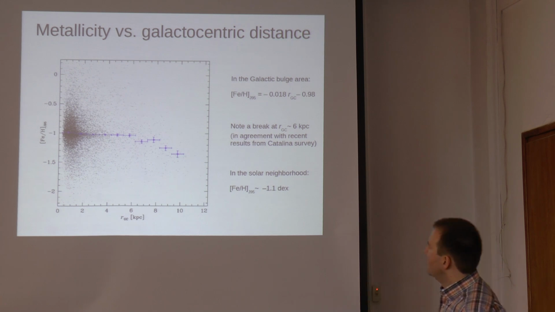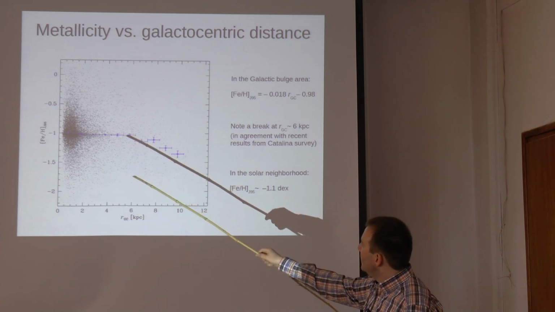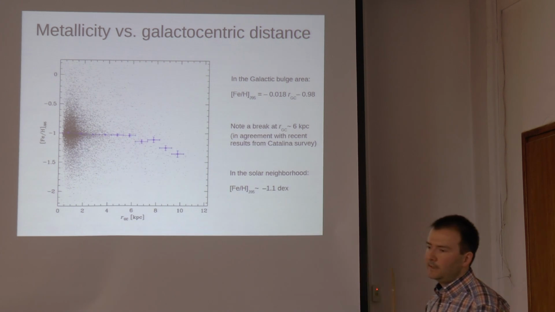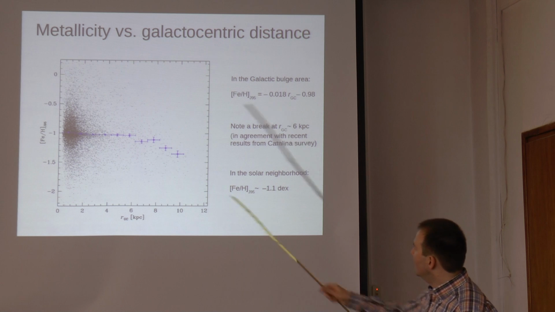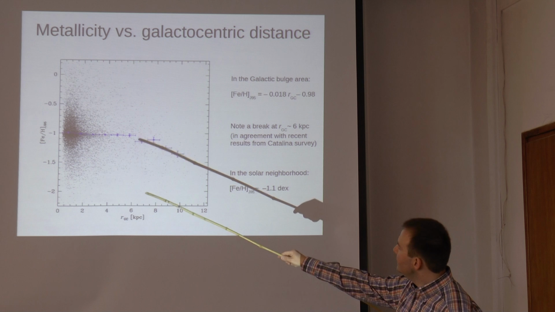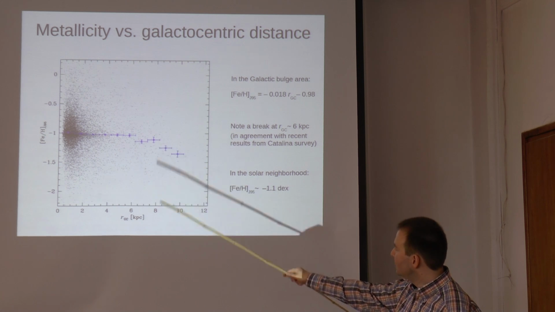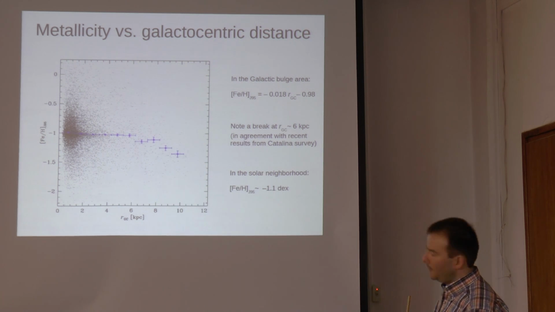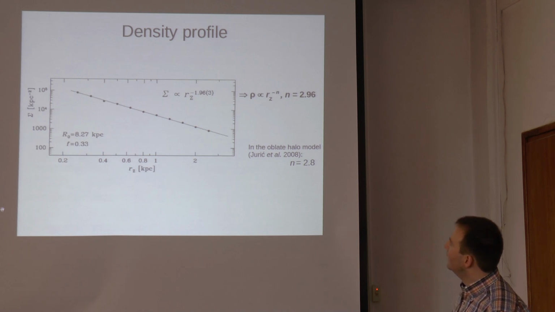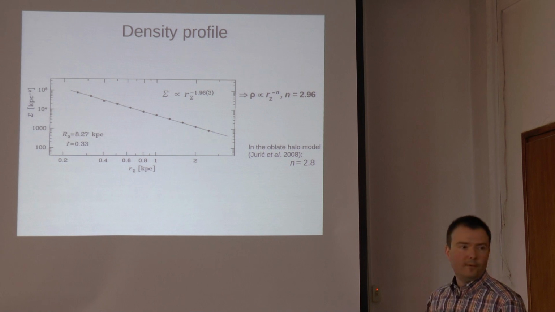So you can see that in these very old stars the amount of metals is more or less constant, and then it drops around the distance of the sun, more or less, from the galactic center. Density profile was unexpectedly simple for these old stars, so just a pure power law.